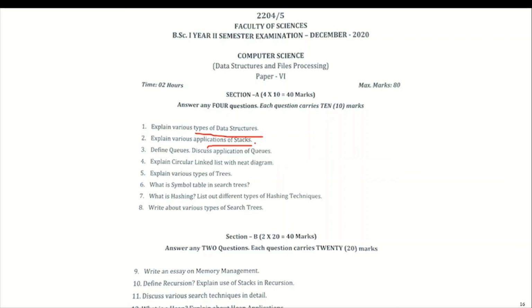Here we can explain about the different expression evaluation, and applications of queues and what is a queue, circular linked list with neat diagram, and various types of trees, and what is the symbol table in the search tree, and what are the hashing techniques, and various types of search trees. These are the short questions.